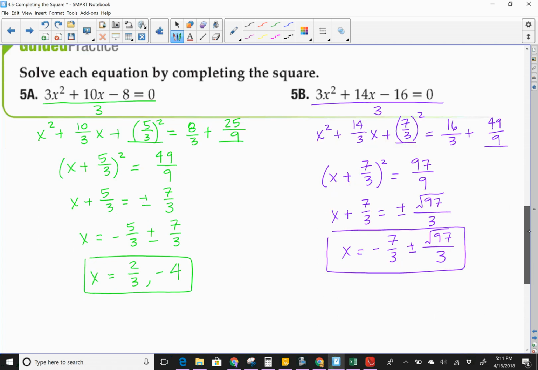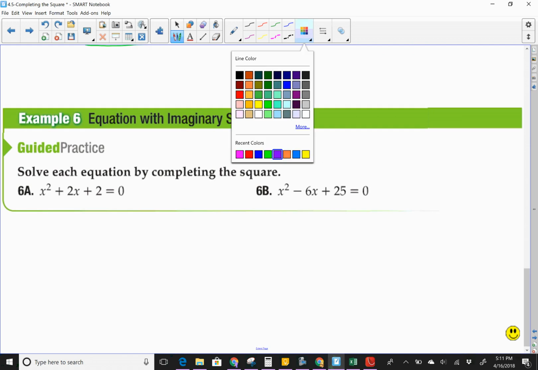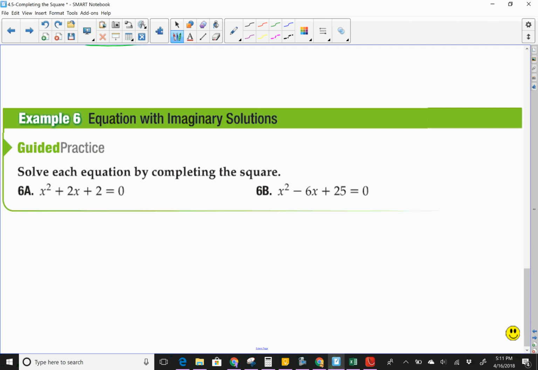All right, 2 more problems that we want to talk about, and that would be those that might have imaginary solutions. So, x squared plus 2x plus 2, same process. x squared plus 2x plus blank equals negative 2 plus blank. Half of 2 is 1 squared. 1 squared is 1.